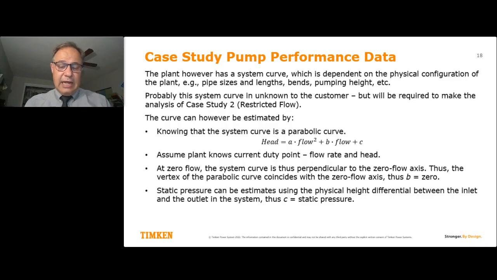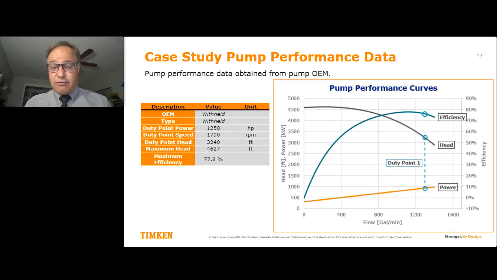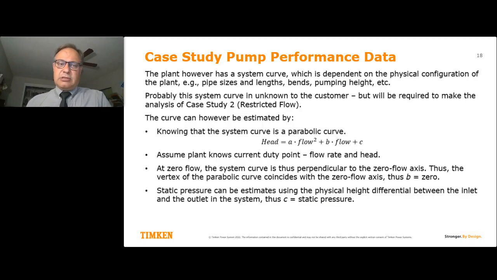Now, for our case study, if I go back, this point has a system curve. The system curve is very important because it determines at that speed what the head is and what the flow rate will be. But for a variable speed, that system curve changes across the speed range.